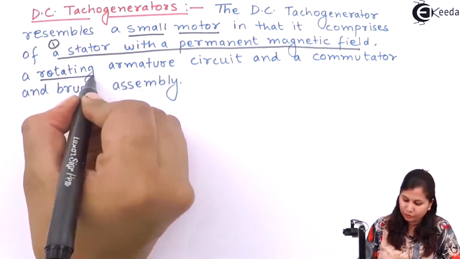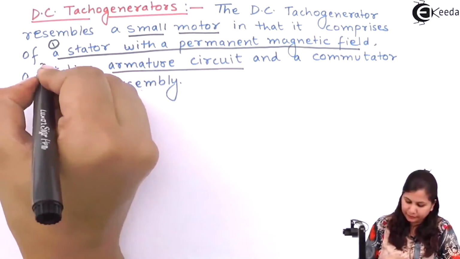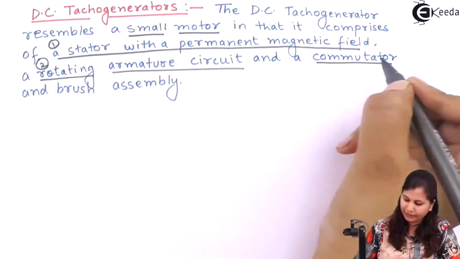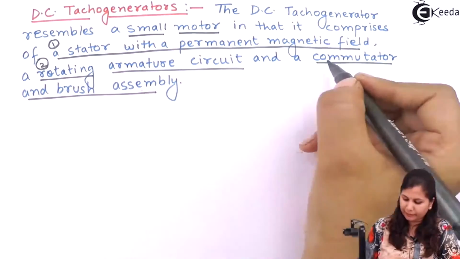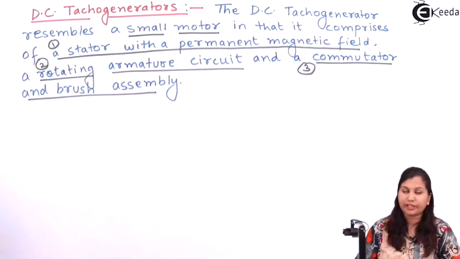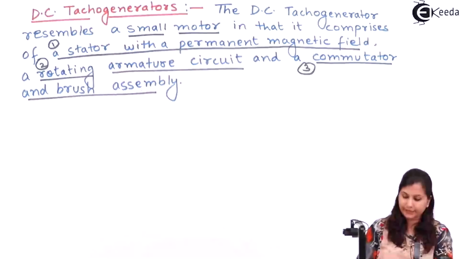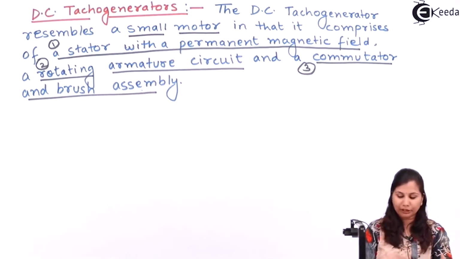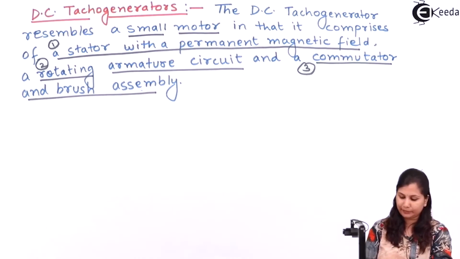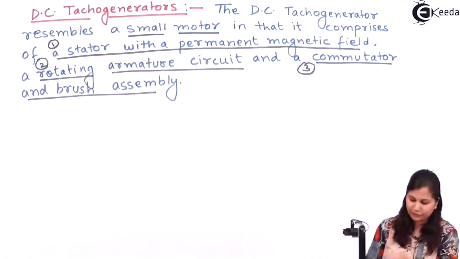Second, we have the rotating armature circuit, and third, a commutator and brush assembly. So there are three parts: first is the stator with a permanent magnetic field, second is the rotating armature circuit, and third is the commutator and brush assembly. This was the construction.